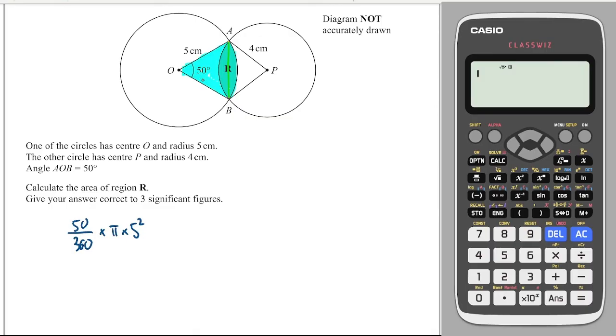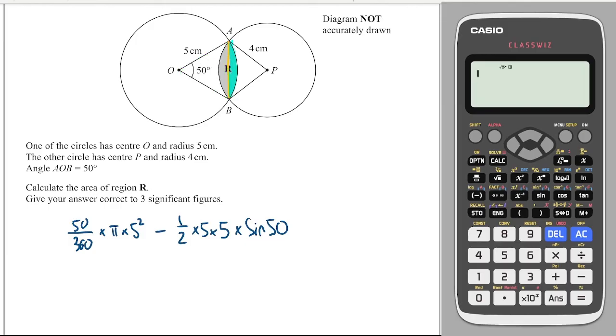Now, if I wanted only this part, then I would need to subtract this triangle here. And the area of that green triangle would be a half A, which would be the side length of the triangle, which is 5, times by the other side will be 5, because it's also a radius, multiplied by sine of 50.